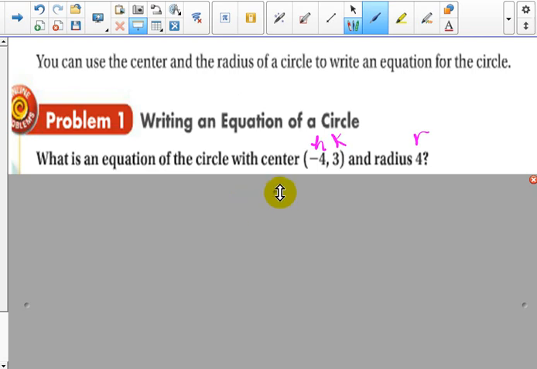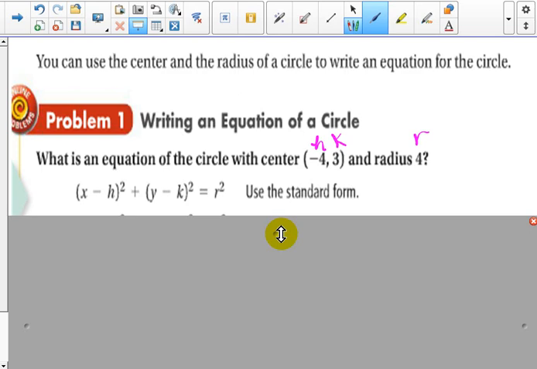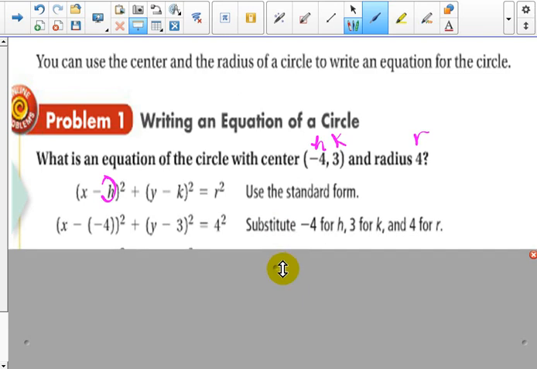So we're going to take that formula, x minus h squared plus y minus k squared equal r squared. And we're going to plug in these values for h, k, and r. So plug in a -4 for h, and a 3 for k, and a 4 for the r.